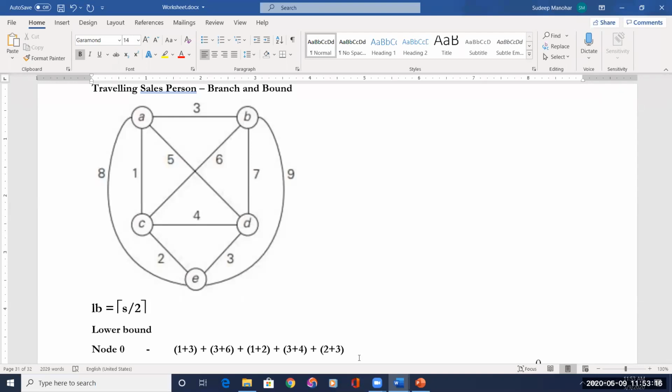So what is the total of this? You have to add these and divide by 2. It is 4, 9 plus 4 is 13, 16. 16 plus 7 is 23. 23 plus 5 is 28. 28 by 2 is 14.